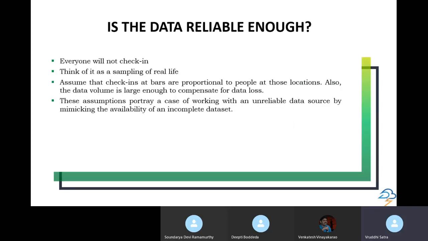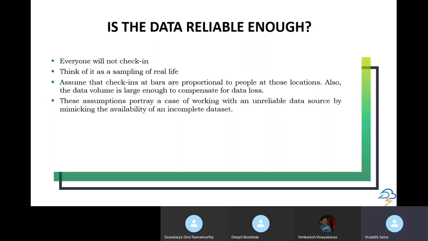One question that comes to our mind is: is this data reliable enough? This stream of check-ins doesn't reliably represent each and every single user, because not everyone will check in on social media. But we can think of it as a sampling of real life. We can assume that the check-ins at bars are proportional to the actual number of people present in those locations.